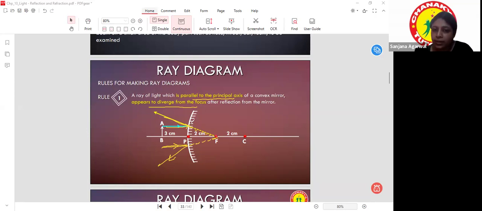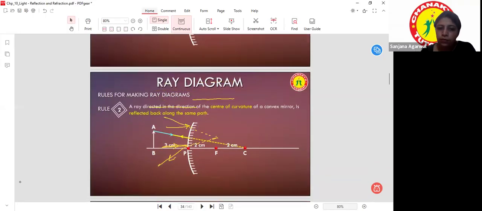But on the opaque side behind the mirror, always draw the dotted lines. Do not draw the solid line, because this is actually not the reflecting surface. Another rule: a ray directed in the direction of the center of curvature of a convex mirror is reflected back along the same path.